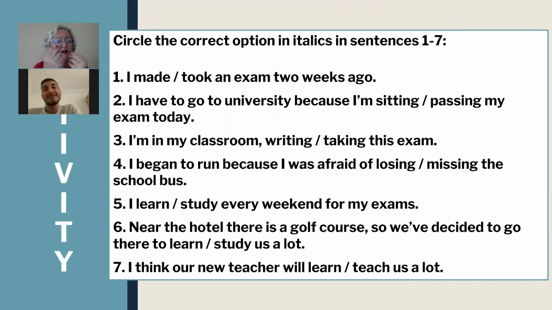Think of make: sometimes it's when you do something with your hands, like make a cake. Not always 100% that way. We could say 60% of the time it's to do something with your hands, right? So, to make an exam, no, you took it.